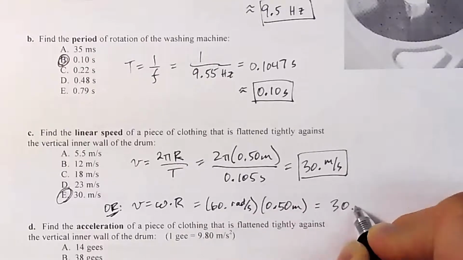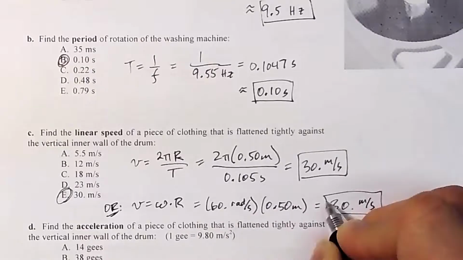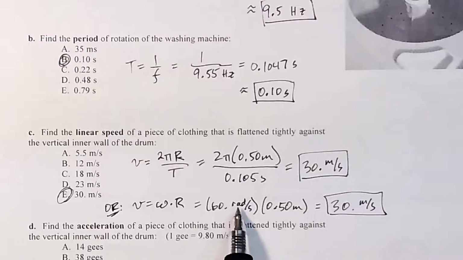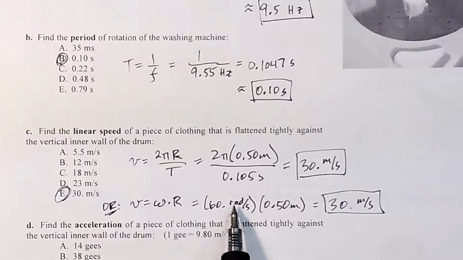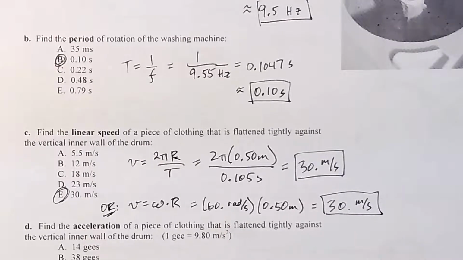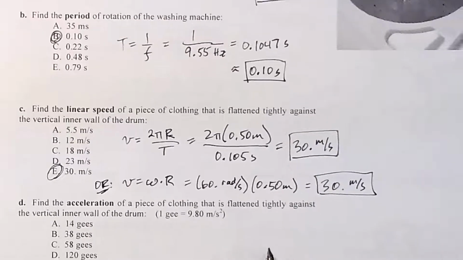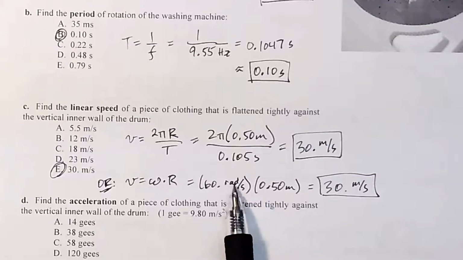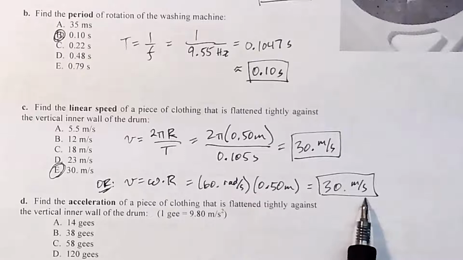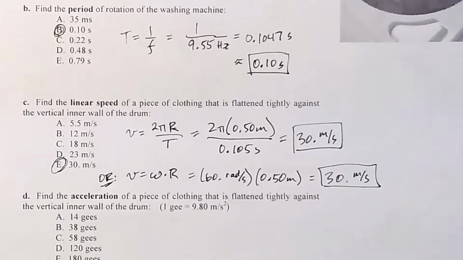That's exactly 30 meters per second. Again, remember, radians are dimensionless, so we can drop them whenever we want, or we can conjure them back out of nothing whenever we want. And the same is true for cycles and revolutions. So radians times meters divided by seconds is just meters divided by seconds, because the radians can just go away.